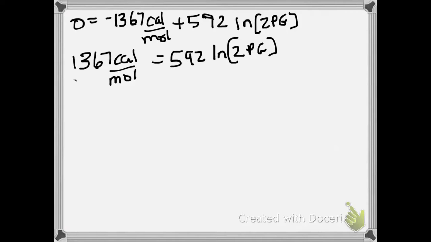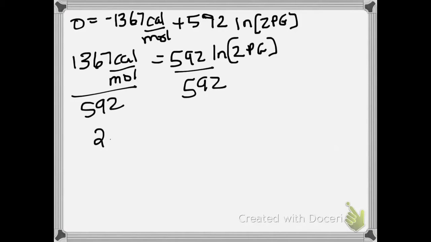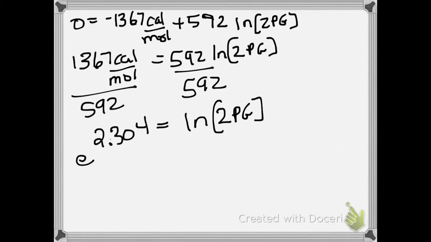I am sorry. Let's divide both sides by 592 first. And we get 2.304 equals the natural log of 2-phosphoglycerate. And then we take the e function and we get 10 micromolar equals the concentration of 2 PG.